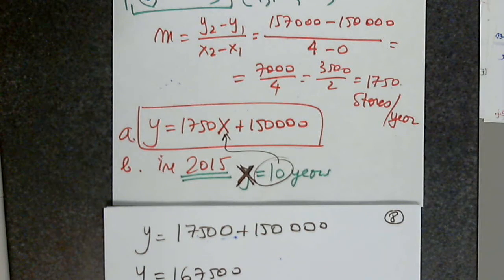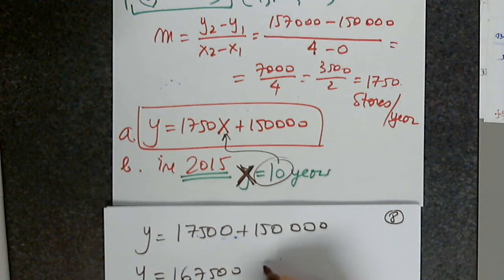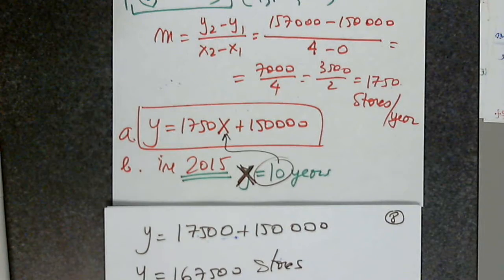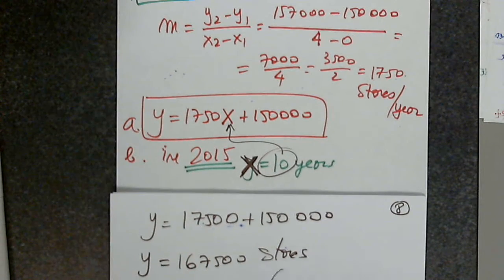Correct me if I'm wrong. Measurement unit. 167,500 means nothing without stores. This is the number in 2015. So the ordered pair will be 10, 167,500. Any questions?